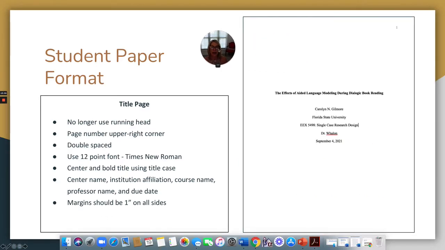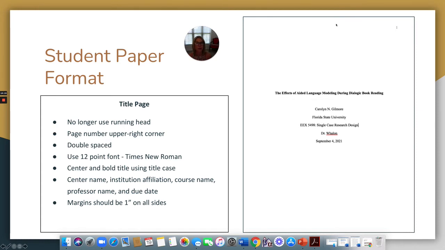And then as far as your student paper, a few things have changed with the APA 7 format. It used to be when you submitted a paper, you would have a running head at the top left of your paper, and it usually said running head, and then it had a shortened title. That's no longer the case for a student paper.